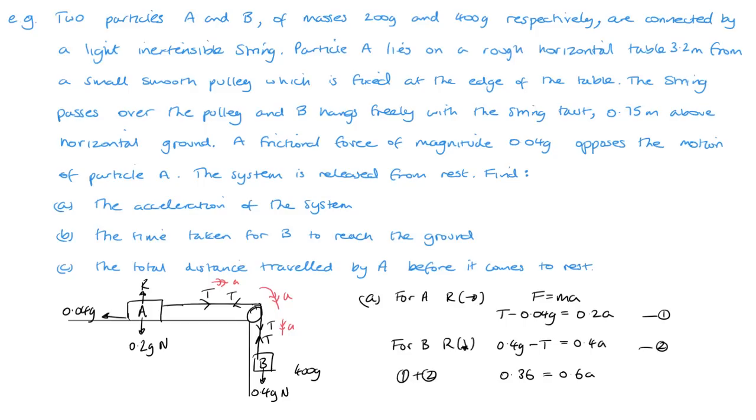I almost added them instead of subtracting the 0.04 g there. So a equals 0.6 g meters per second squared. Okay, so that is part A done.